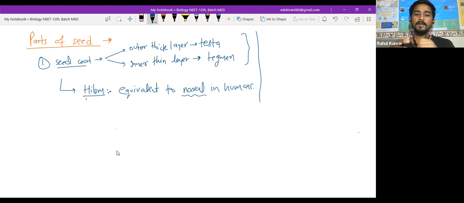Second, animals which cannot synthesize their own food, like plants, will feed on these fruits. In nature, plants are the primary producers and animals are consumers. Either animals consume other animals or they consume plants. In both cases, we get the food from some other source. We cannot produce it on our own.